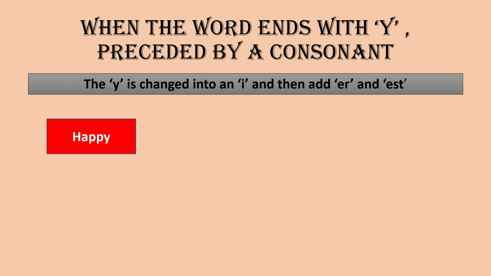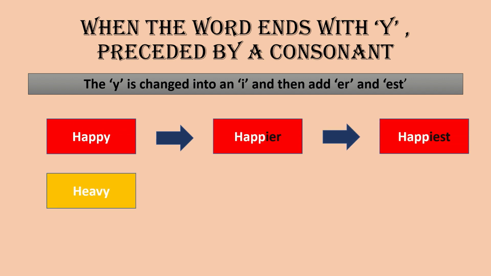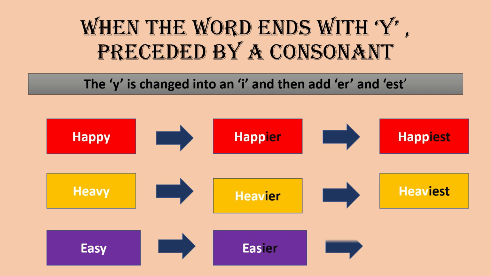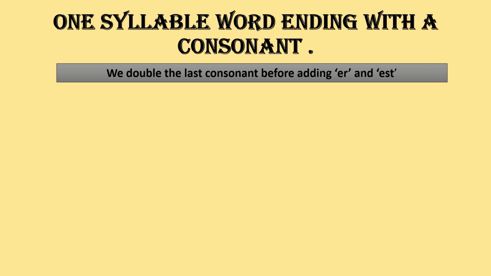Then cut off that Y and add IER and IEST. Happier and happiest. Heavy, heavier, heaviest. Easy, easier, and easiest.